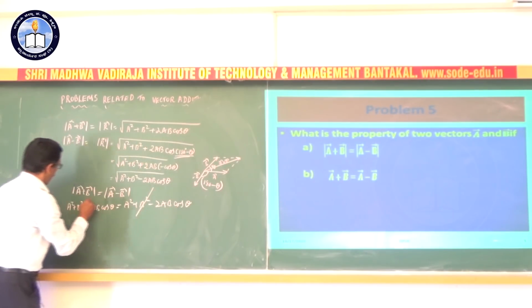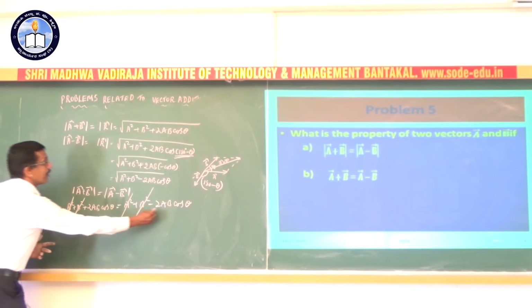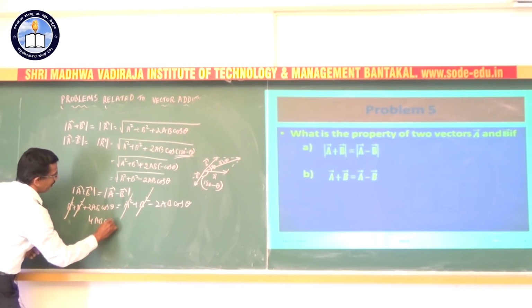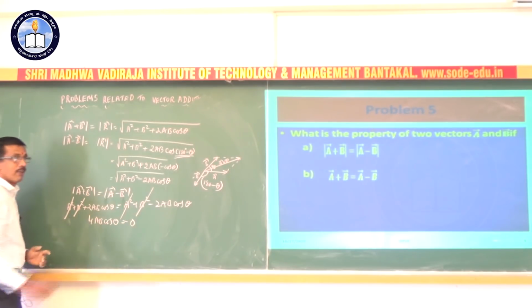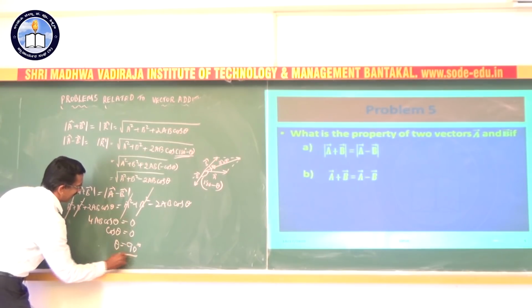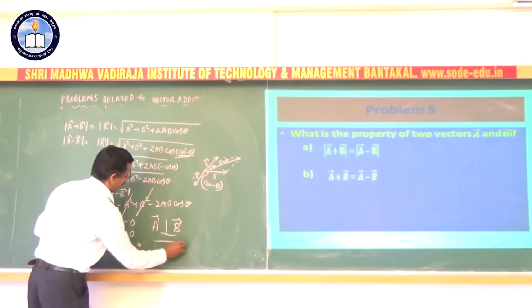Here, B square, A square get cancelled. What is left? This minus 2AB cos theta, bring here, 4AB cos theta is 0. Or cos theta is 0, which implies theta is 90 degree. Or vector A is perpendicular to B.